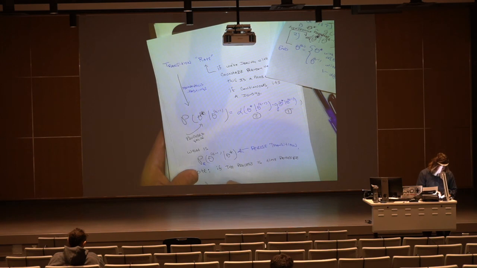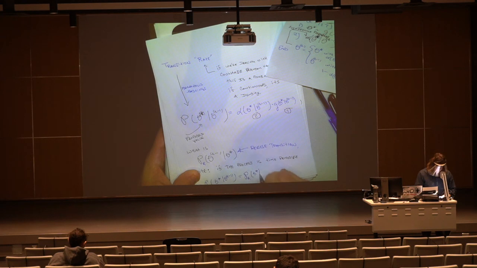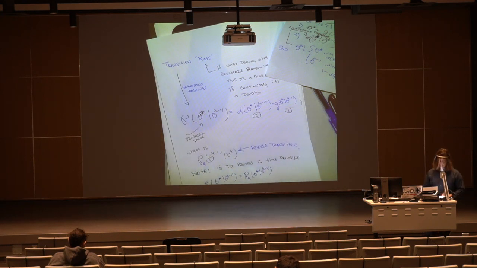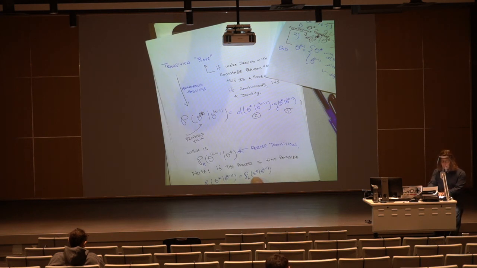So if rho of theta star given theta t minus 1 is equal to rho of theta t minus 1 given theta star, if they're the same processes right here, then this is saying that in the reverse direction, transitioning from this element, which is the same as this element, has the exact same properties. Okay?